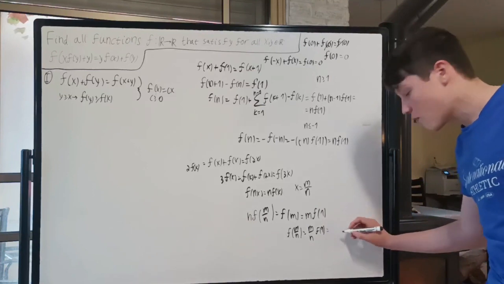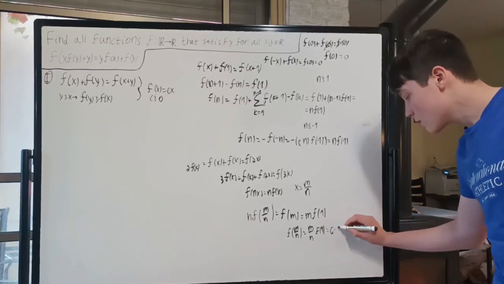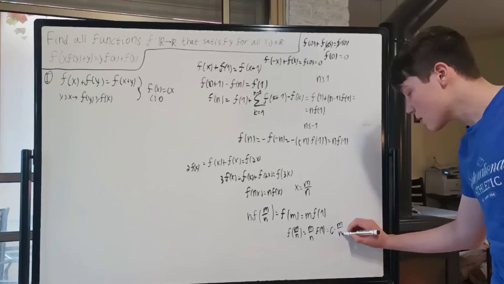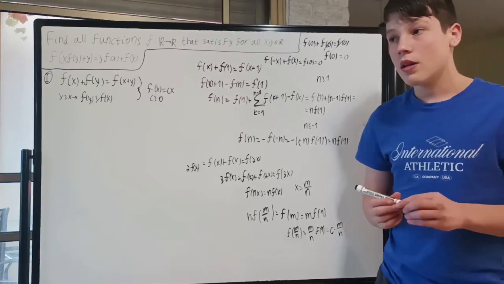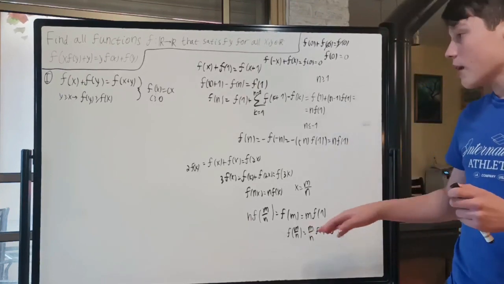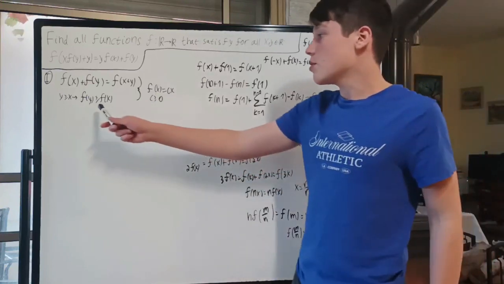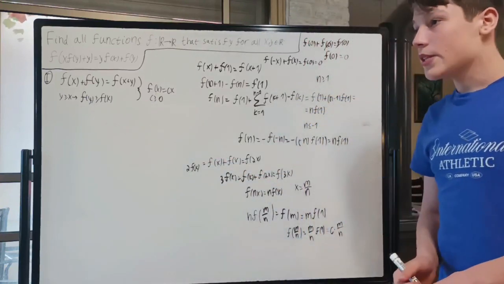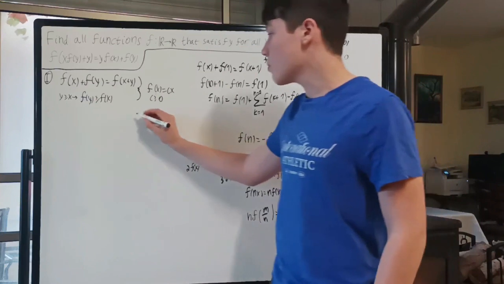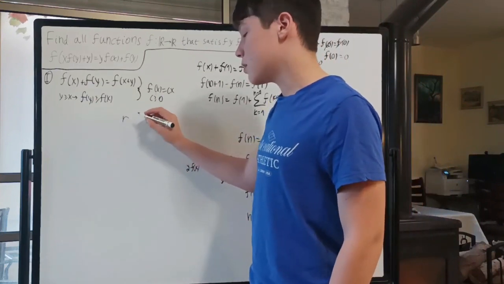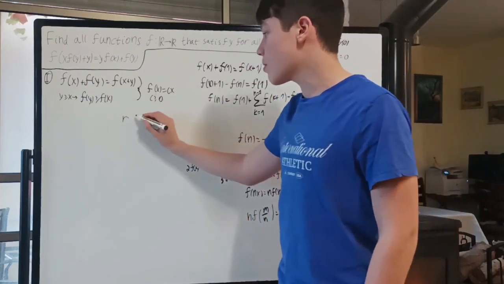If we name f(1) as a constant c, this is c times m over n. So it's linear, but for rational numbers. Now let's use this. Let's have some general, not rational but real, number r.